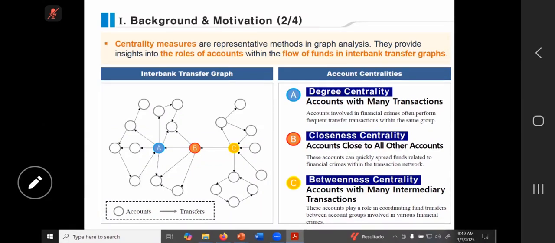These accounts are close to all other accounts; you can see that node B is connected to the left graph and the right graph, which is focused on node C. Node C means betweenness centrality, accounts with many intermediary transactions. These accounts play a role in coordinating fund transfers between account groups, so you can suspect that they might be used in fraud detection.